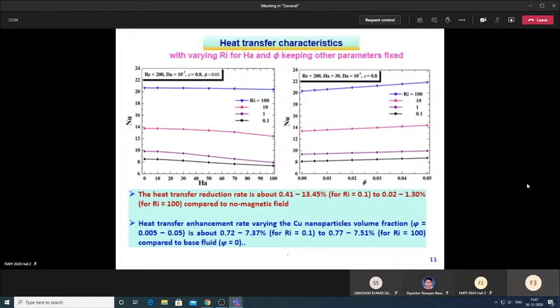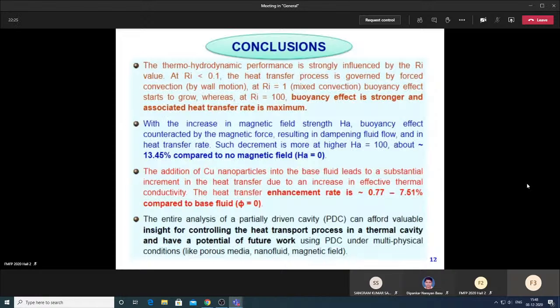The enhancement from the increment of copper nanofluid particles is greater at higher Richardson number.